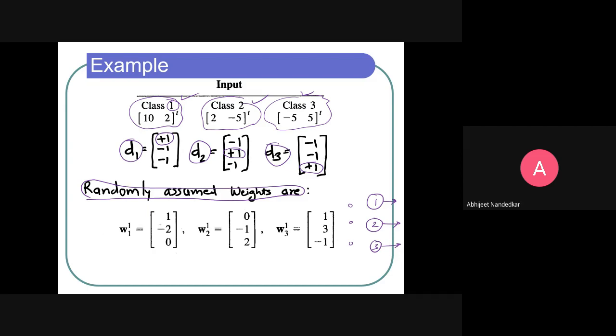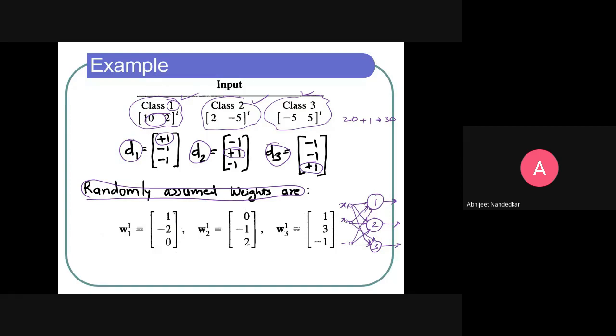Since my input is 2 dimensional, 1 dimension is extra added for biasing, so it becomes 3 dimensional. So this will be the actual circuit. This will be x1, this will be x2, and this may be connected to plus or minus 1.